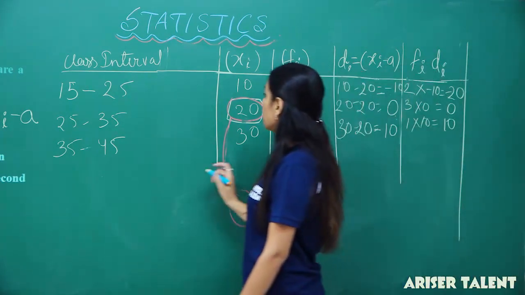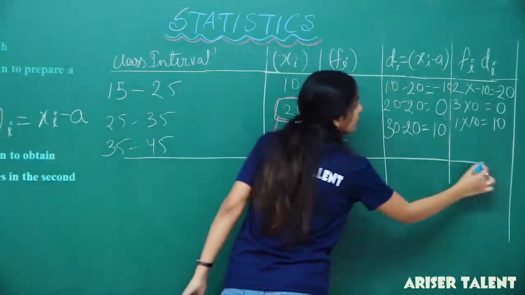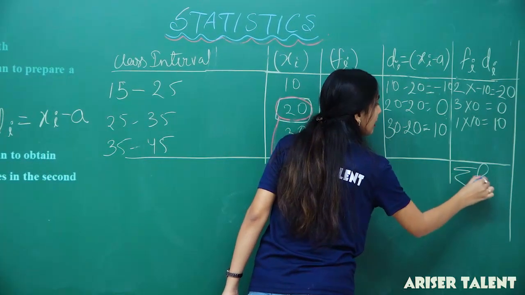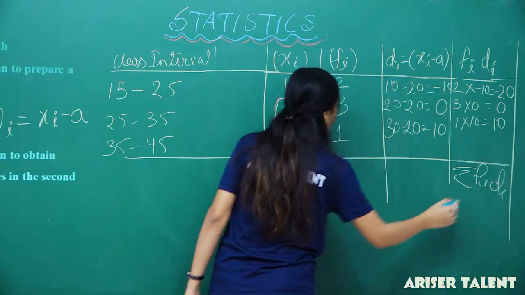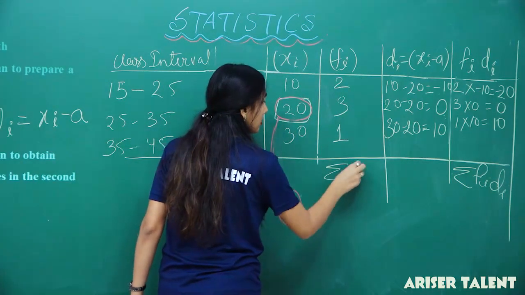Now what you have to do? You have to sum up the summation Fi di and the summation Fi here.